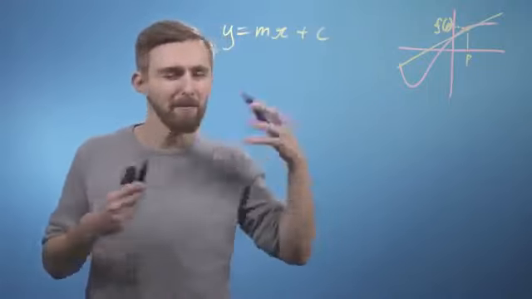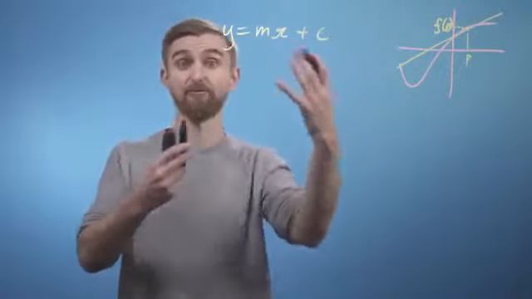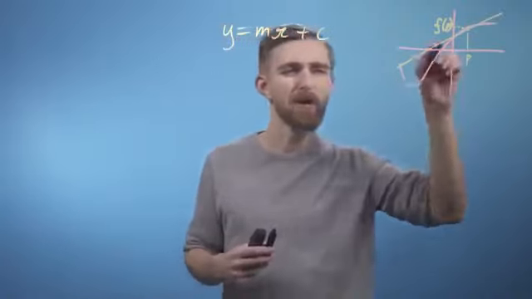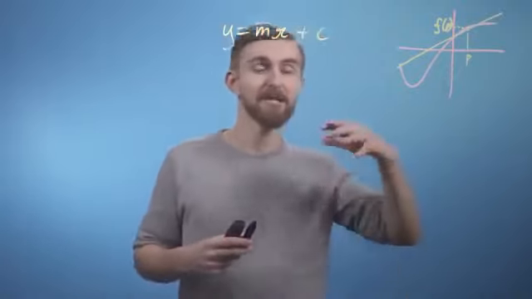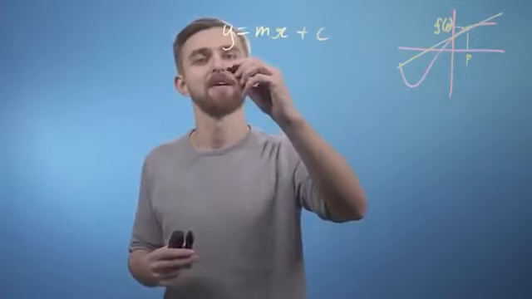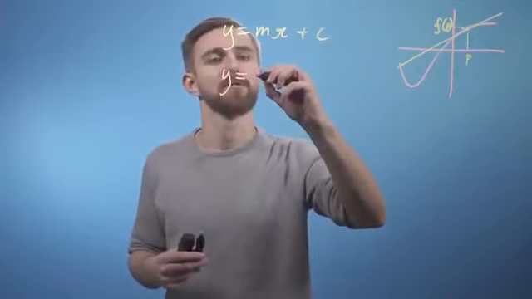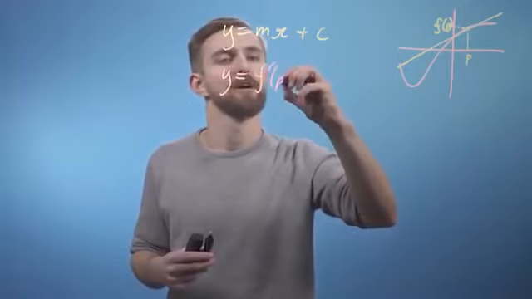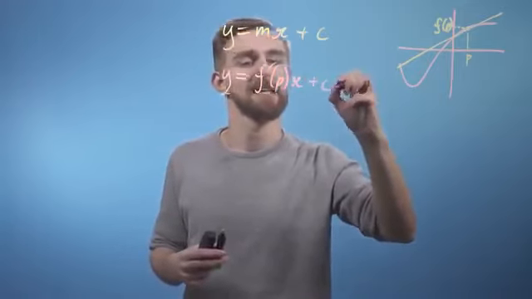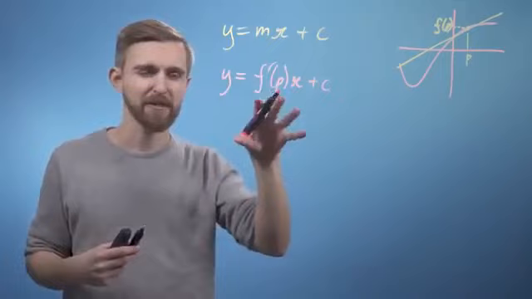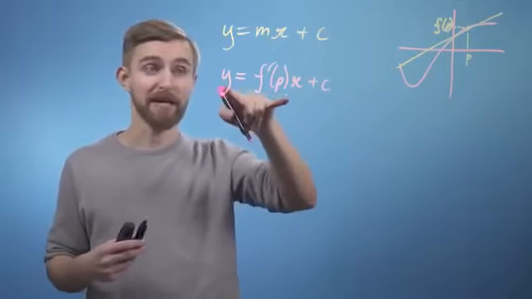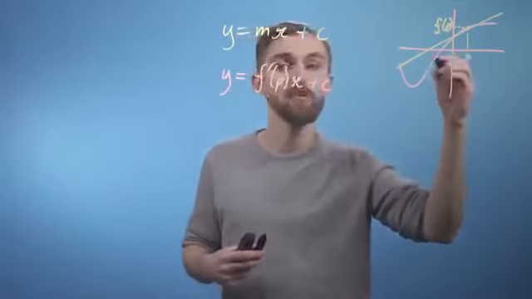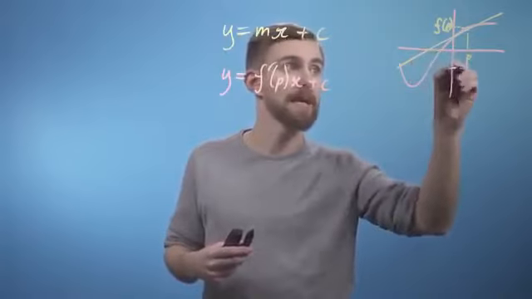Now we know immediately that m is the gradient of this straight line. And we know the gradient of our function here is just f dash at p. So we can say y equals f dash at p times x plus c. So all that's left is for us to find c. And to do that, we're going to need to know x and y. But we do know a point on our line. It's the point p, f of p.